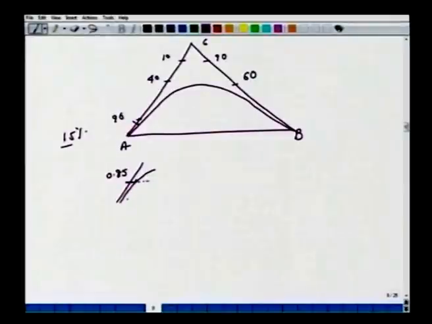So this is 0.15, the solute C is 15%, and how much is B and how much is A? To obtain B, again you look for the line parallel to this. You should be able to read a very small quantity here, about 1%. So B is 1%, and how much is the amount of A?